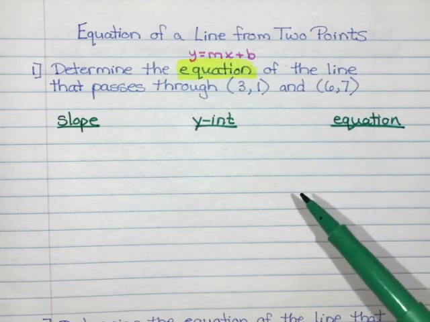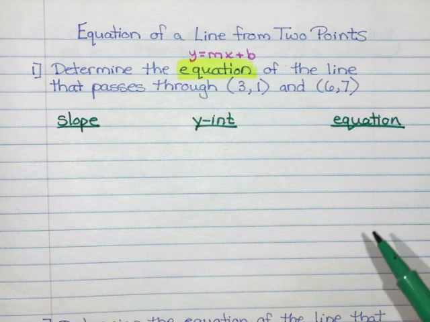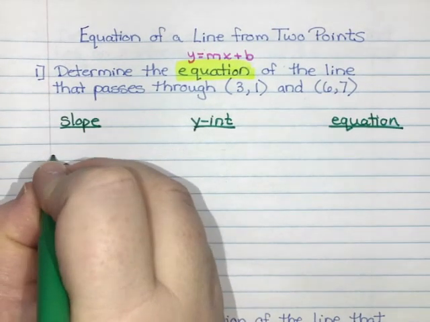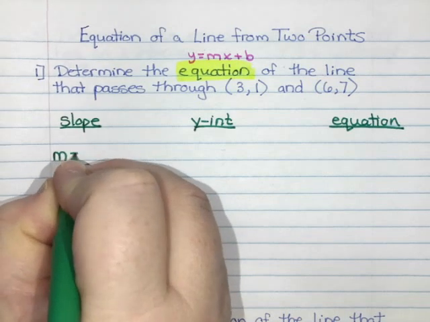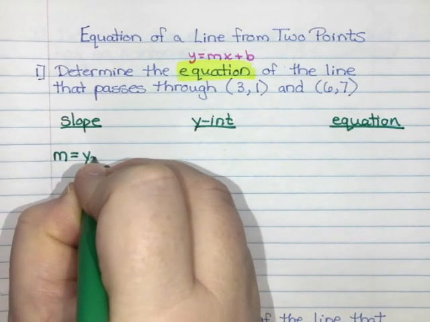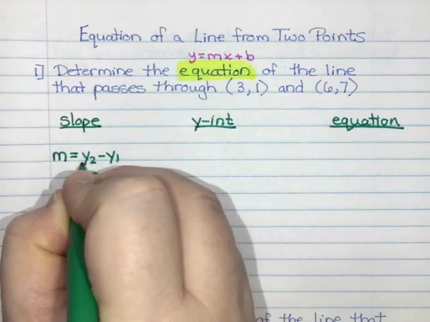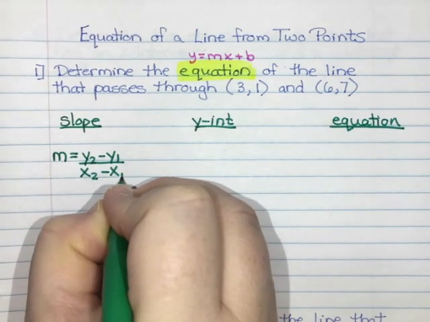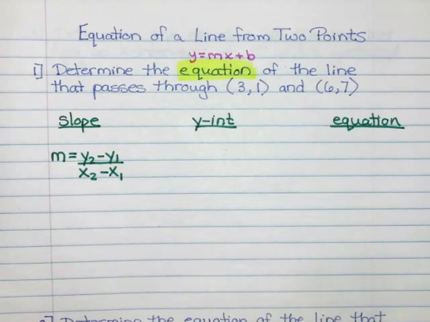And we're going to do that using our slope formula, which we haven't used in a little bit. So the slope formula is m for slope equals y2 take away y1 divided by x2 take away x1. Now y2, y1, x2, x1, those are all coordinates of points.